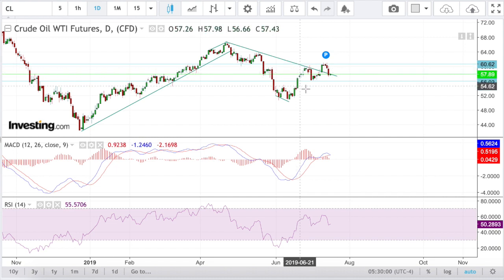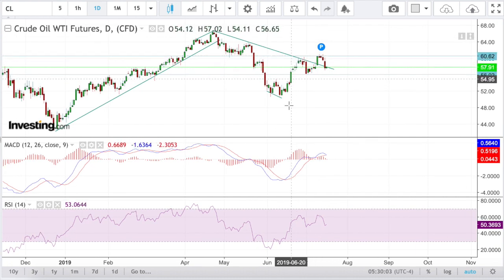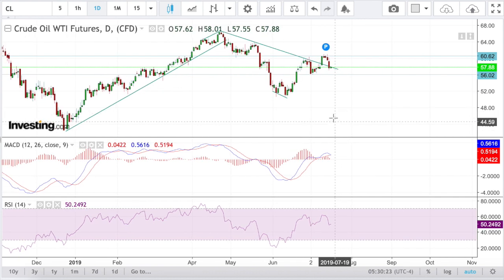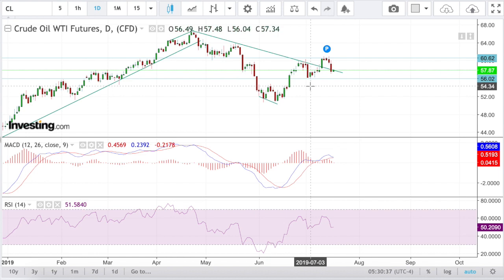Now, this I consider to be some sort of a trap for traders. Considering a reaction with a big red candle off a downtrend line is a sign of a successful backtest, and usually a signal that the downtrend will continue, and that's what I mentioned in my video, that if we do get a big reaction, we'll likely continue the downtrend, and we just simply bounced off of the support and actually broke the downtrend line.